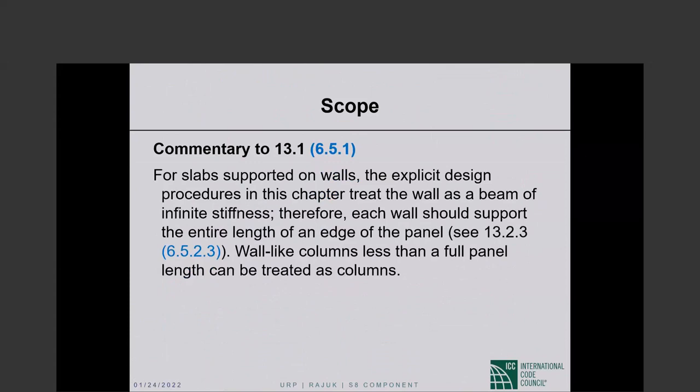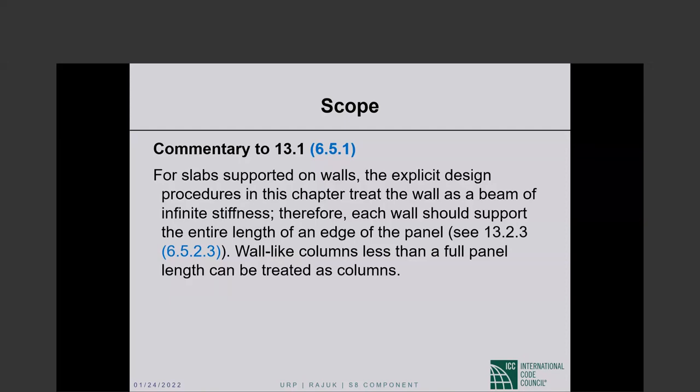For slabs supported on walls rather than beams, the explicit design procedures in this chapter treat the wall as a beam of infinite stiffness. That's what a wall is, a very, very high stiffness. Therefore, each wall should support the entire length of an edge of the panel.